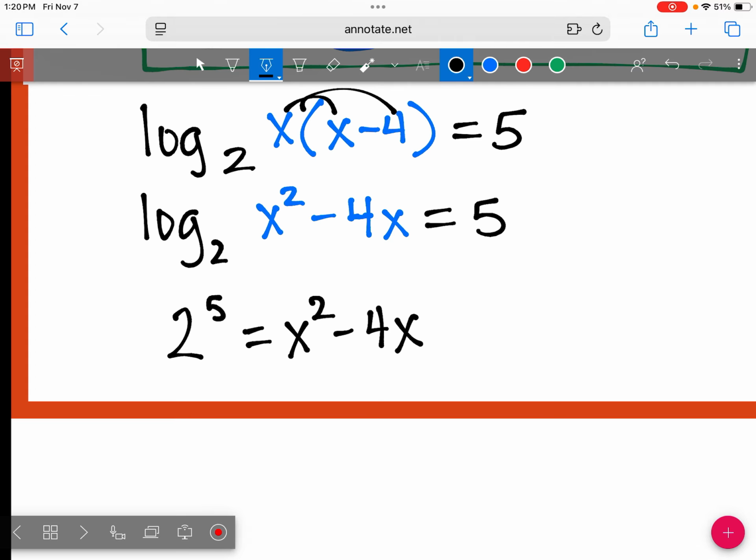Use your calculator if you need to. See what 2 to the power of 5 is. That's not 10. That's 2 times 2 times 2 times 2 times 2. So we have to figure out what that number is. And then we're going to subtract it and factor it down.